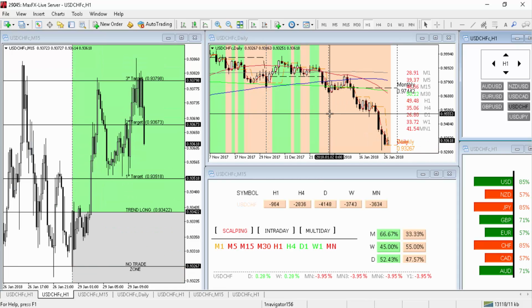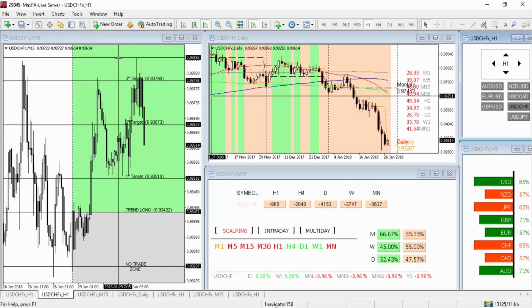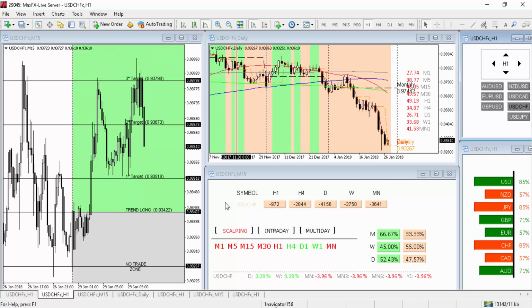US dollar Swiss franc is moving in a bullish tendency, although it's now violently correcting down from the intraday high marked at 0.9386. In fact, we have a bearish price action at a scalping and intraday level and a breakout of the previous lows from M5 to H1. The pair is still gaining 0.29%.